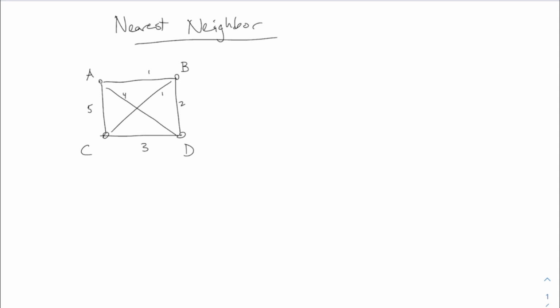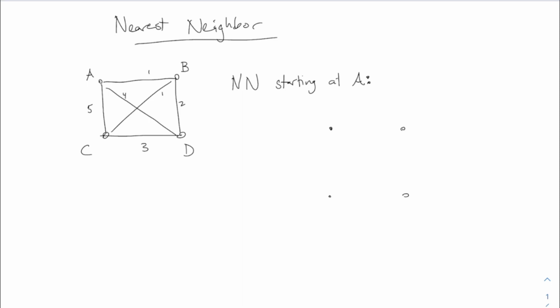So if I do nearest neighbor starting at A, for instance, when I ask you, say on the test, to do the nearest neighbor algorithm, I'm going to tell you where to start. Remember, this is the one where you just start somewhere and you make your choices one after another, and each time you choose the cheapest possible option. So the way that I like to do this is I'll just draw another little picture for myself.